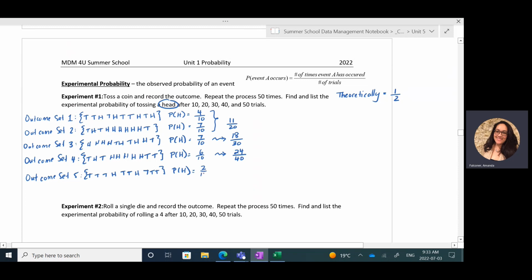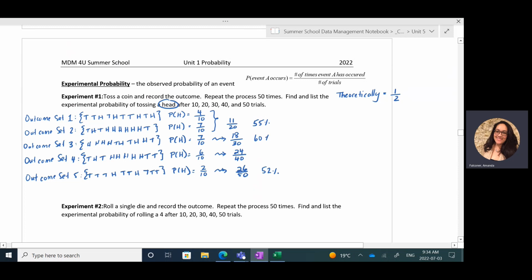This one was just 2 out of 10. But then we'd be at a total of 26 out of 50, which is the closest we've come to match that theoretical probability. Okay, so 26 out of 50 is 52%. Whereas when we started, this one was 55% versus 60%.